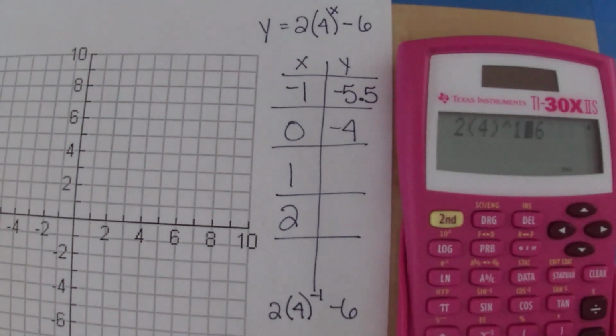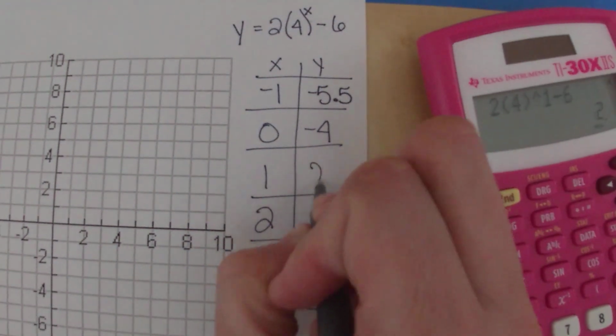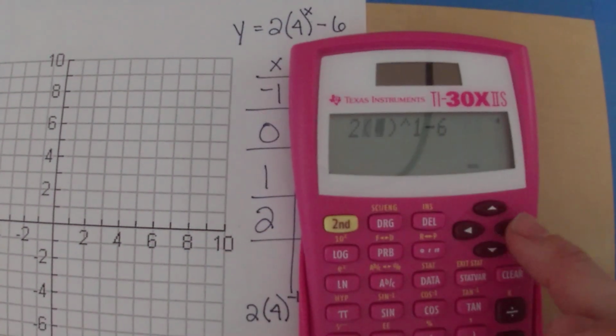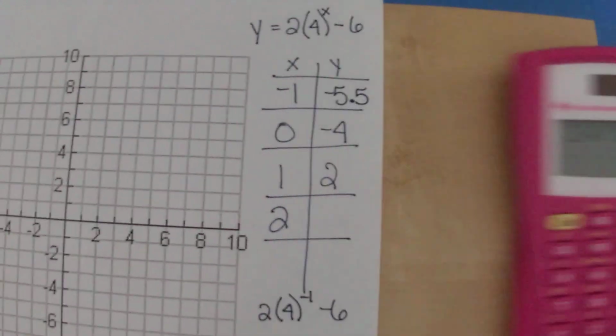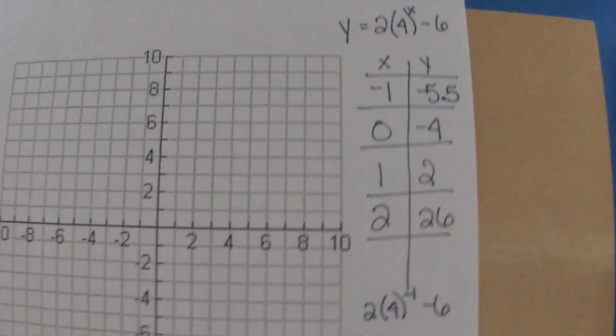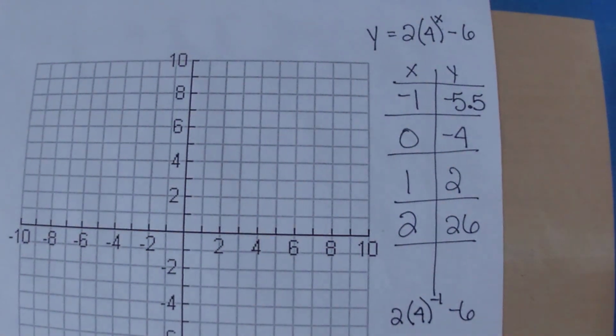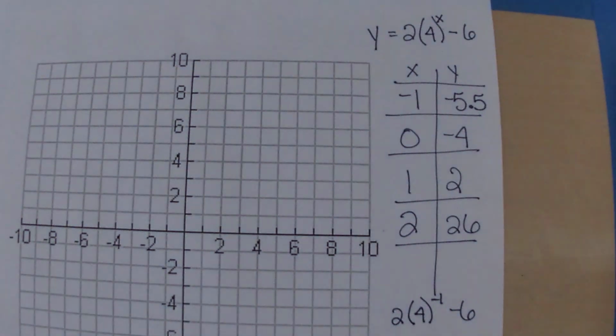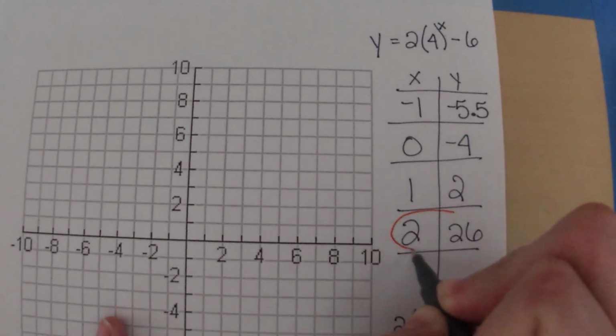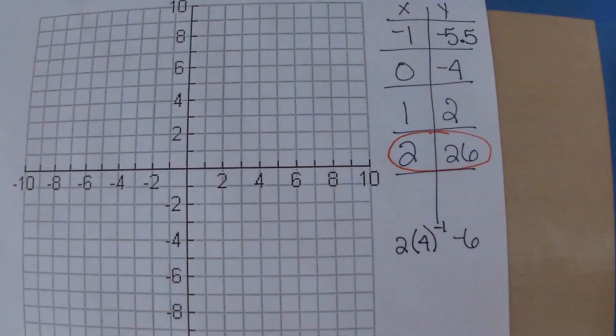Okay, then we can put an input of 1. And then we can change that to an input of 2. Okay, so sometimes, right, we've talked about this, exponential growth can happen crazy fast, which means there are times that even by the time we get to 2, we have a really big number.